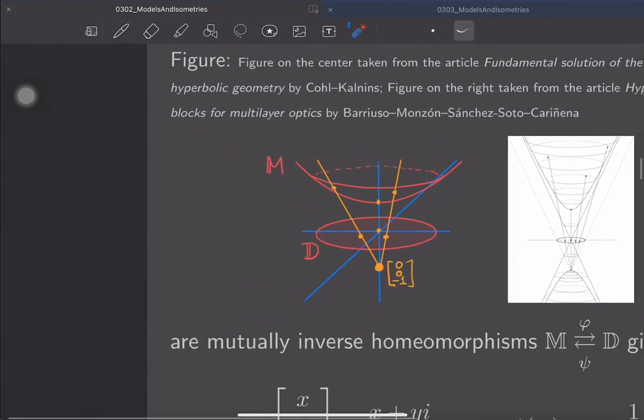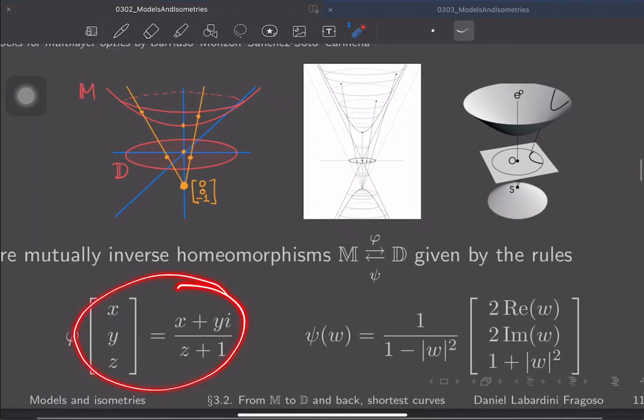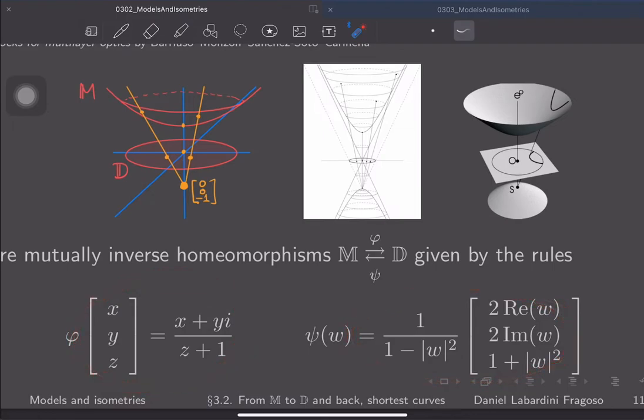When I solve that, I arrive at this formula. And conversely, I arrive at this formula.